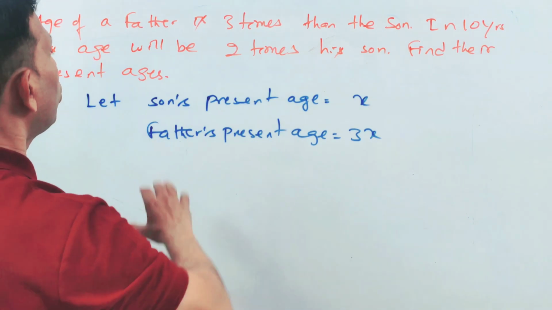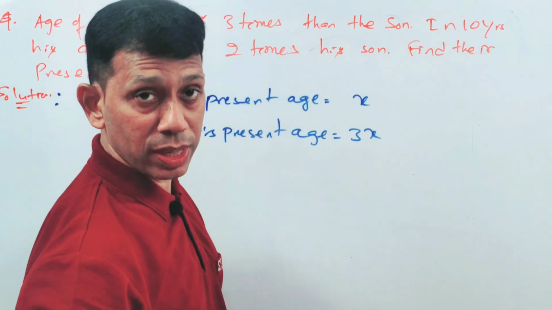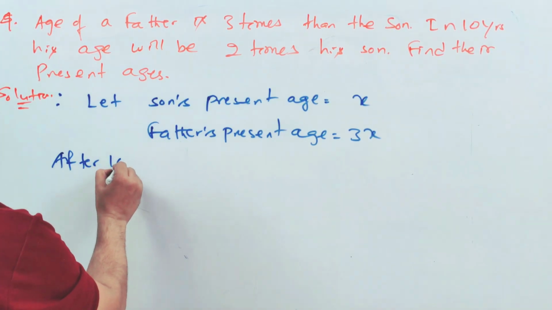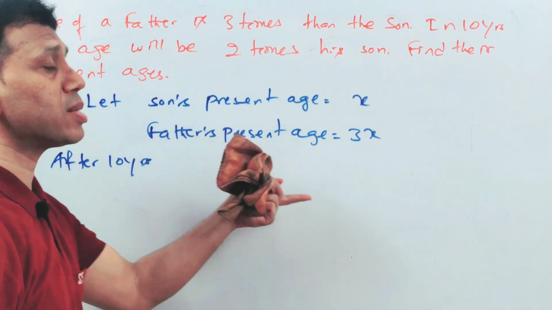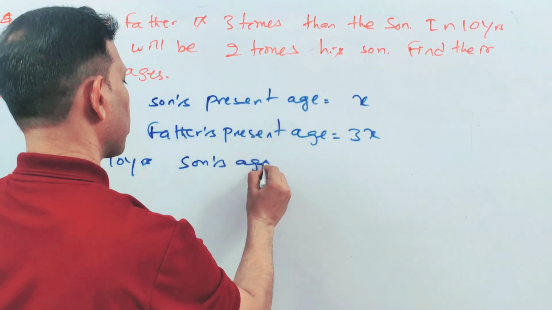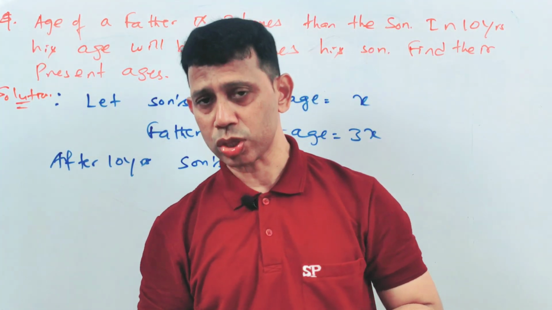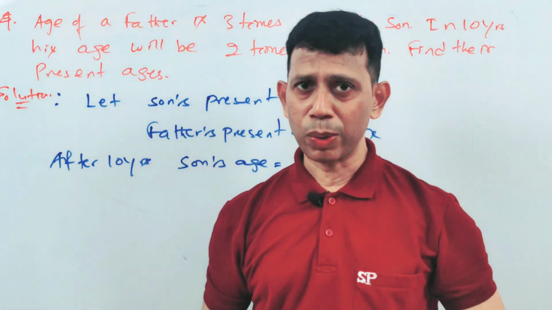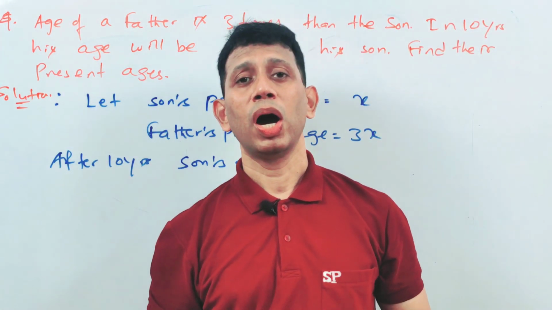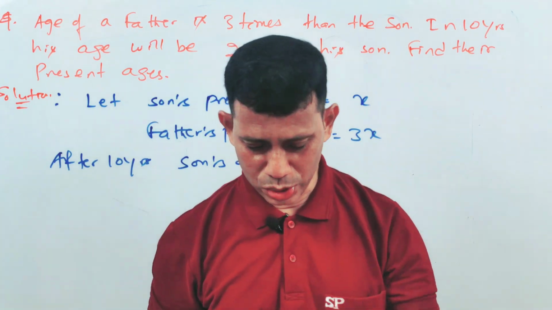After present age, we will move to, in 10 years, his age will be 2 times his son. So after 10 years, the son's age will be how much? You think, those who are watching this video, dear friends, how much is your age now? After 10 years, how old are you? Done the calculation? Good.